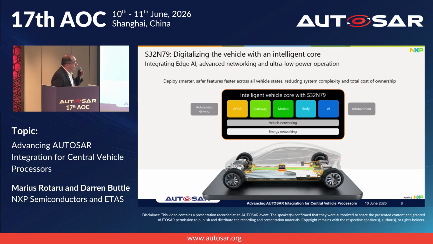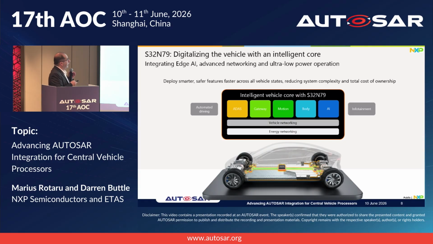At NXP, we introduce the S32N family, which is the central compute processor for the software-defined vehicle. It is helping digitalize the vehicle with an intelligent core. This device brings all the functions of every part of the vehicle together.